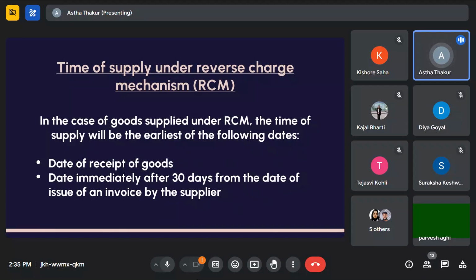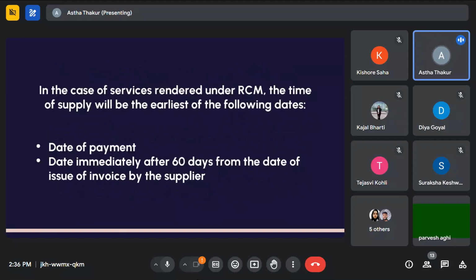However, the time of supply of goods and services under reverse charge mechanism varies from the suppliers under forward charge. In case of goods supplied under RCM, the following dates are followed: the date of receipt of goods and also the date immediately after 30 days from the date of issue of an invoice by the supplier. But in case of services, it is the date of payment and the date immediately after 60 days from the date of issue of invoice by the supplier.